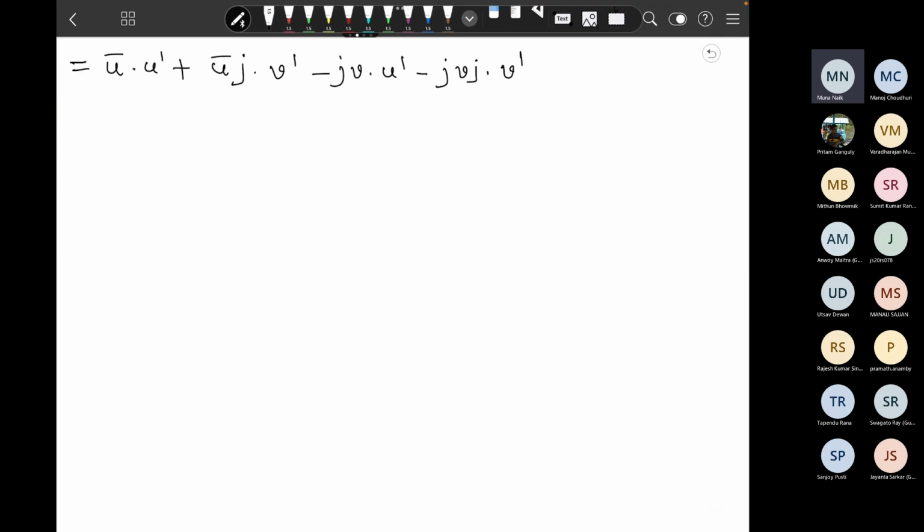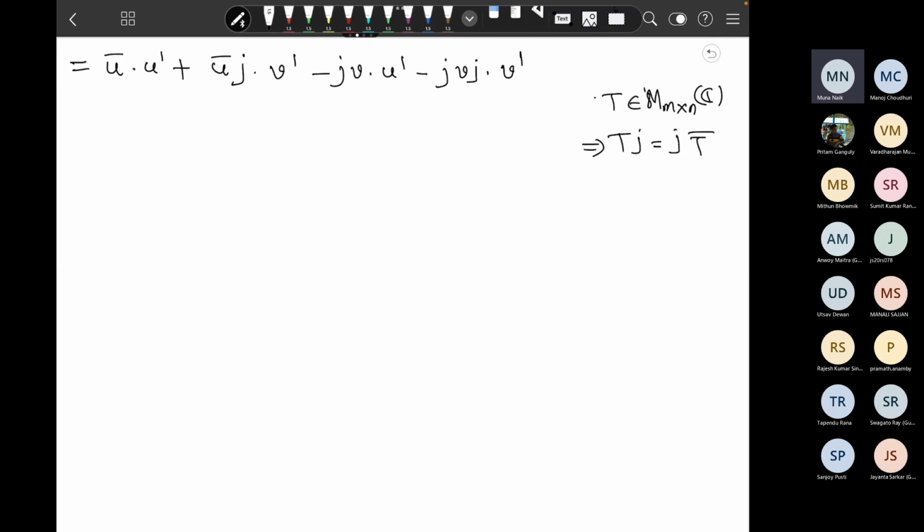I told you that A is a bad notation. T belongs to some M cross N C, Tj is equal to Zt bar.